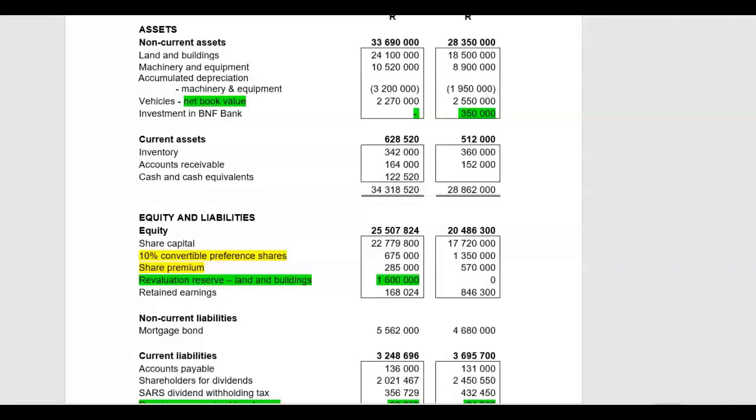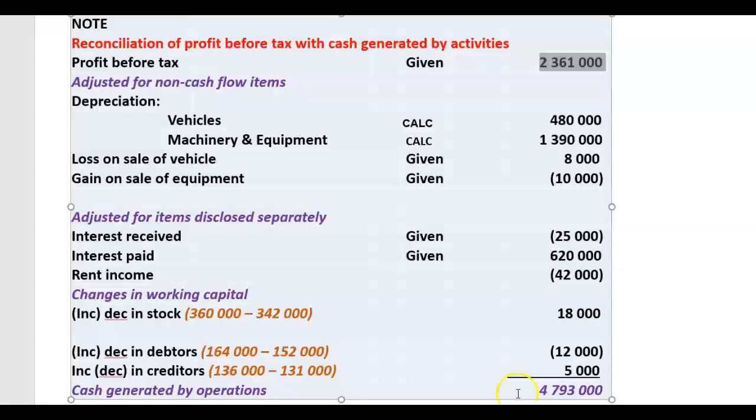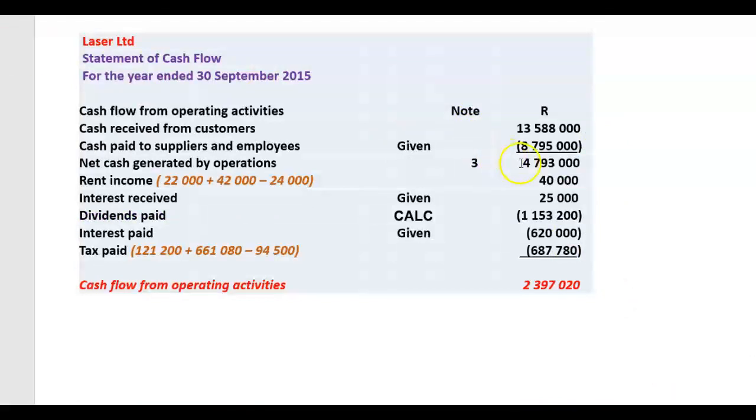And then trade creditors is the other one. That is an increase of 5,000 Rand, which is a cash inflow. So that will give us cash generated by operations, 4,793,000. If I go back to my cash flow statement, you'll see indeed it balances back to 4,793,000.